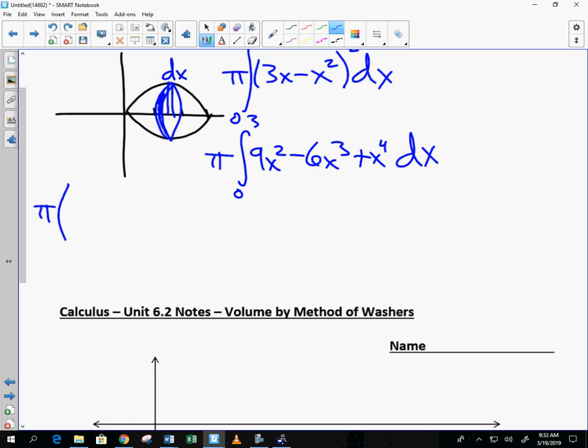And I integrate 9x squared, 3x cubed. And I integrate negative 6x cubed. x to the fifth over 5. Evaluated from 3 to 0.